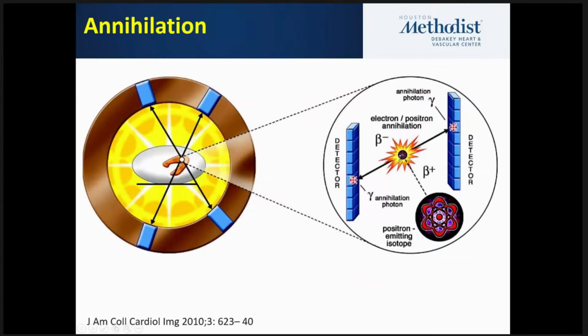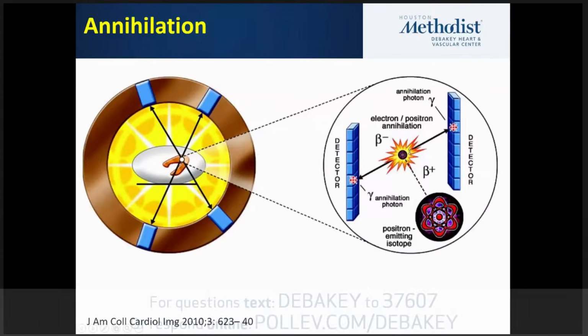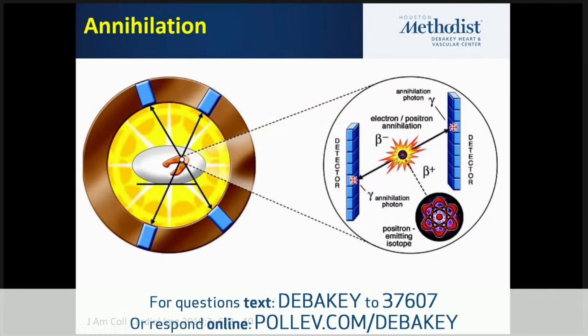Initially we'll have a positron. Depending on the energy of the positron, it moves a little bit, and then it will cause the electron-positron annihilation. What will happen is that the annihilation gives 2 gamma rays, and these will be about 180 degrees apart.